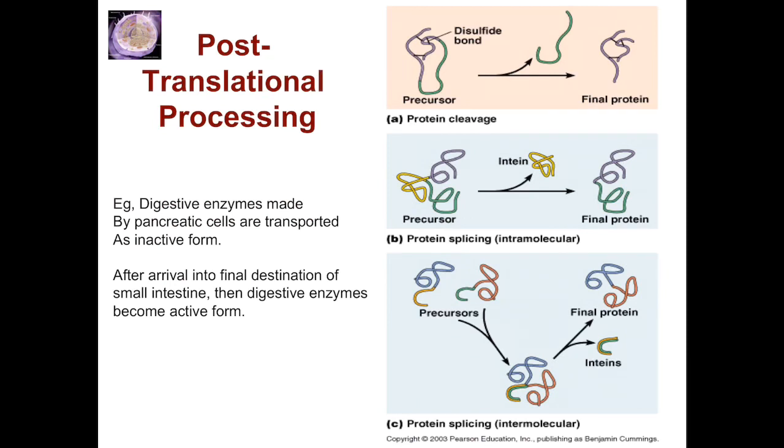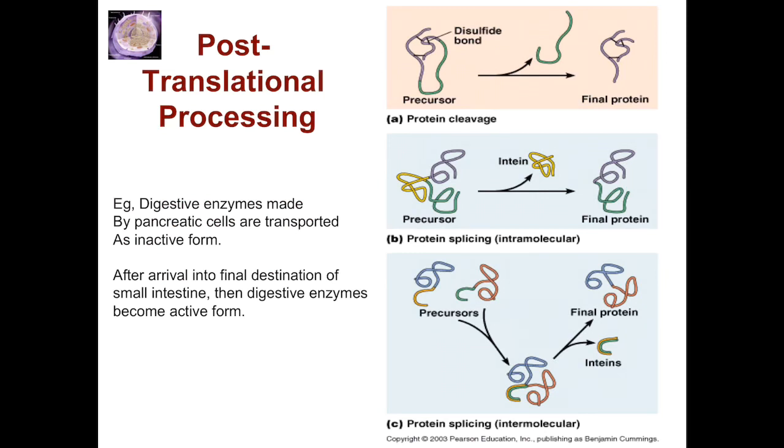The last picture here is to show you about post-translational processing. So sometimes proteins are made through translation, and then they're sent to another place before they actually start their work. And sometimes you don't actually want the protein to start working right away.